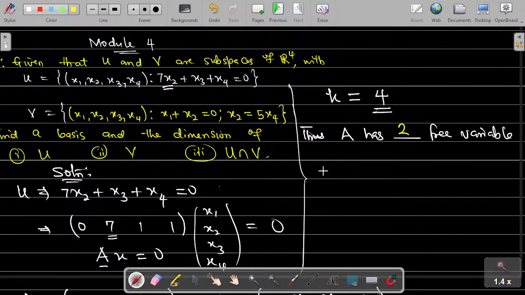Consequently, the dash vectors in the basis. Okay, so now it's asking us, consequently, okay, it's not going to be 2 free variables. Watch. You know why it's not going to be 2 free variables? Because there is also x1 in the set of variables.